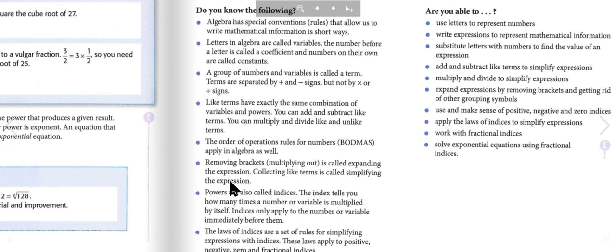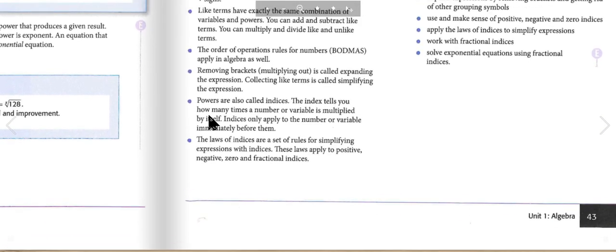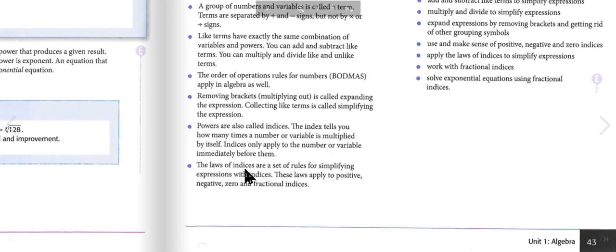Powers are also called indices. The index tells you how many times a number or a variable is multiplied by itself. Indices only apply to the number or variable immediately before them. The laws of indices are a set of rules for simplifying expressions with indices. These laws apply to positive, negative, zero, and fractional indices.